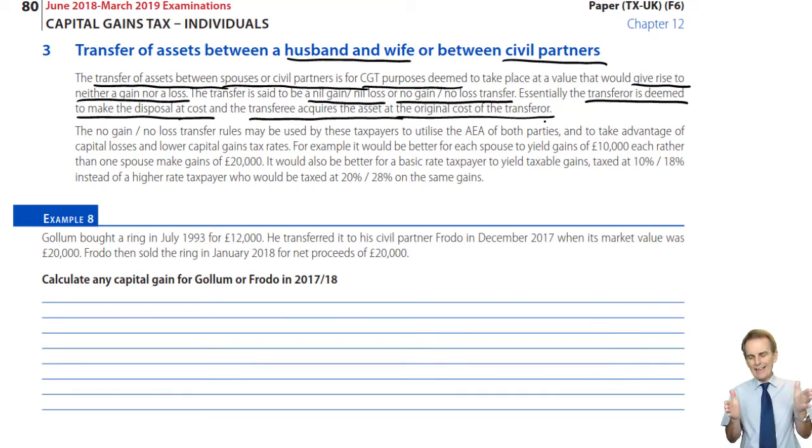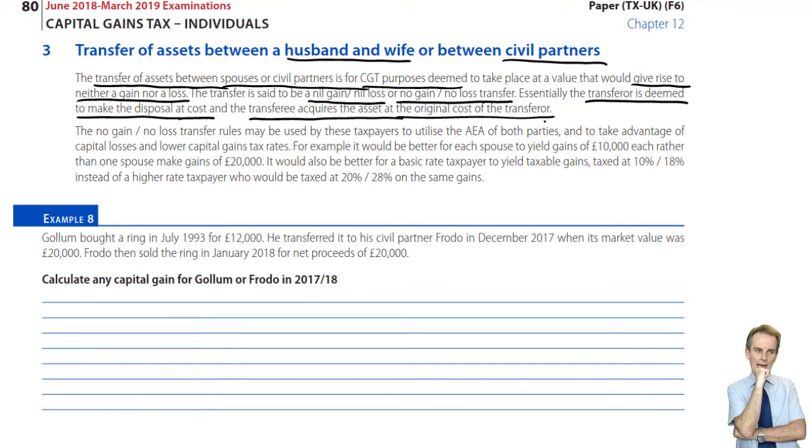Now, as soon as my gain goes above in any one year the level of the AEA, currently £11,300, that of course would mean that we're going to pay tax on it. And if I don't use my AEA of a tax year, then I lose it. Again, the principle, use it or lose it there. So I might have a cunning plan.